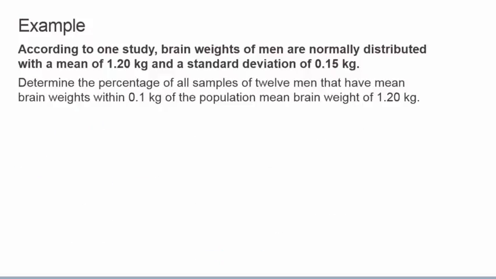According to one study, brain weights of men are normally distributed with a mean of 1.2 kilograms and a standard deviation of 0.15 kilograms. Determine the percentage of all samples of 12 men that have mean brain weights within 0.1 kilograms of the population mean brain weights of 1.20 kilograms.